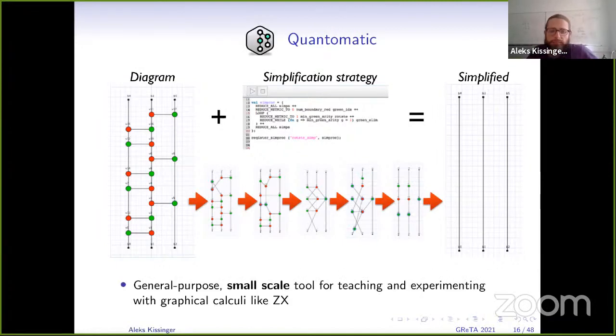And I would say this is a general purpose but small scale tool for teaching and experimenting. I say small scale because it's not particularly good performance. It kind of starts to fall over if you have more than about 100 spiders in your diagrams. Just because the theory is very generic, so a lot of the algorithms are not very efficient. They're not really tuned to make use of the ZX specific structure.